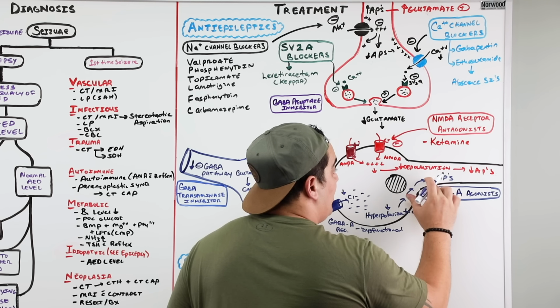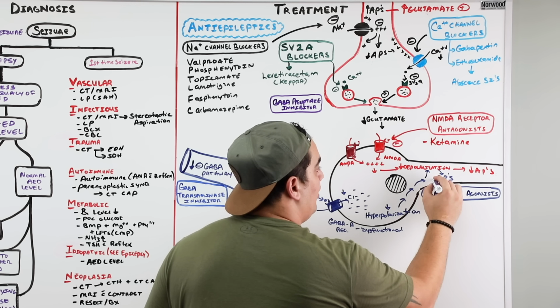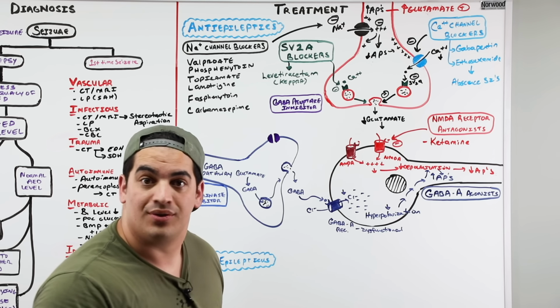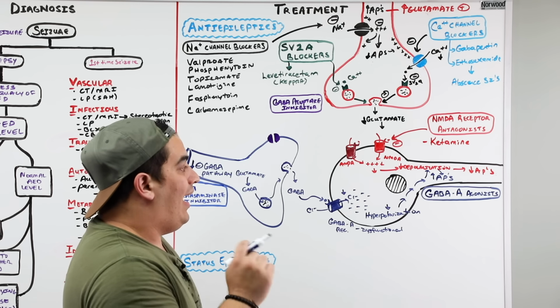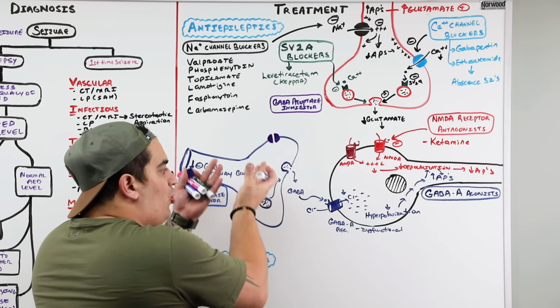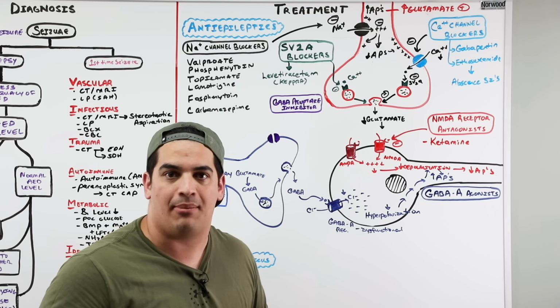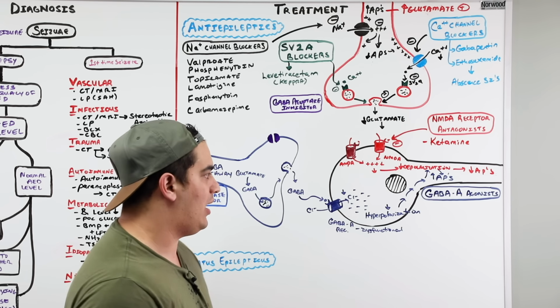If that's the case, you can depolarize these cells and lead to increased action potentials, okay? So I need to give drugs in some way, shape, or form to try to increase this GABA pathway or overcome these dysfunctional GABA A receptors.